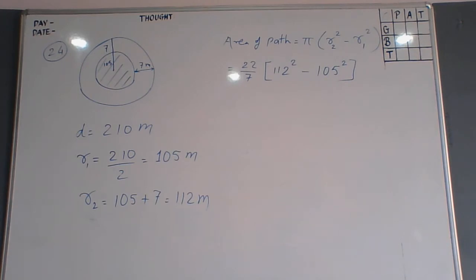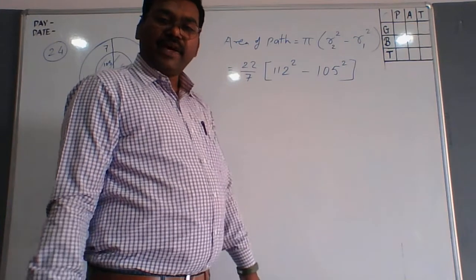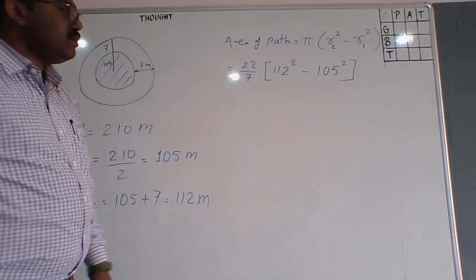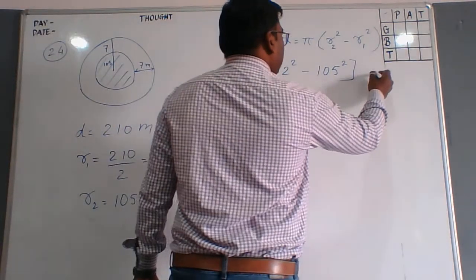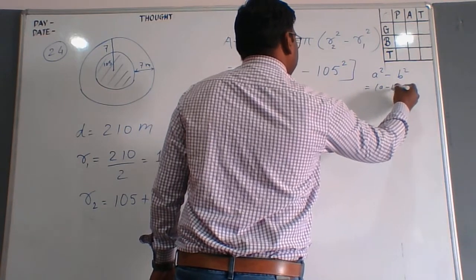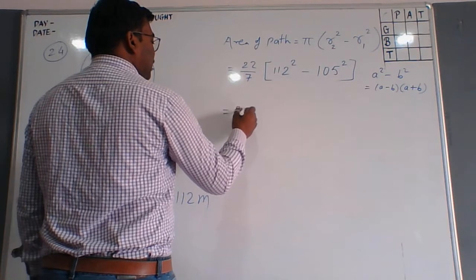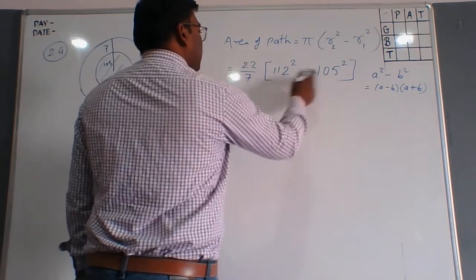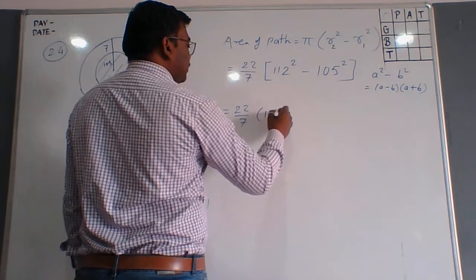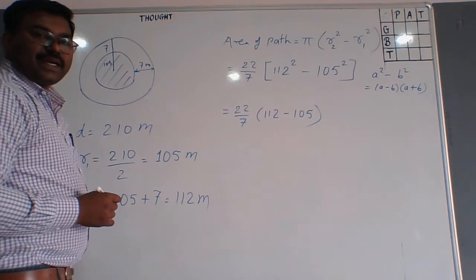Now it is difficult to find out the squares of 112 and 105. So we can also solve it further by using the identity, that is a square minus b square, so it is a minus b and a plus b. So that means 22 by 7, a minus b, that is 112 minus 105 in the first bracket.